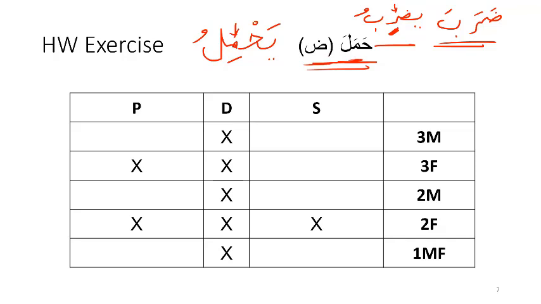That means the lam letter is going to have a kasra. What is happening at the end is based on the conjugation. So this is an important point that we've discussed before. So for homework, I want you to do the conjugation for hamala, and I'm just making you do the blue ones and the green ones. So, all these are the blue ones.